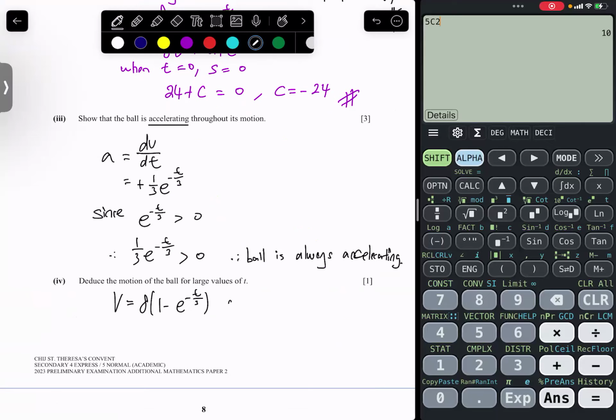As t becomes large, e negative t over 3 approaches 0. Therefore, v equals 8 bracket 1 minus 0, which equals 8 meters per second.